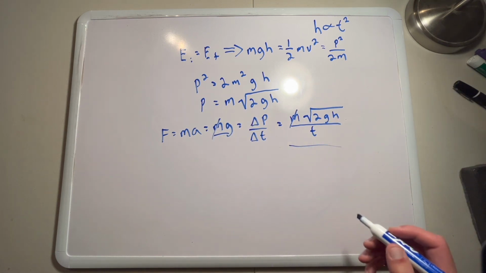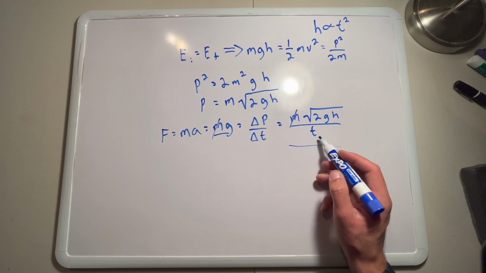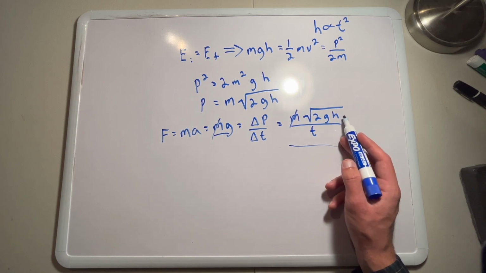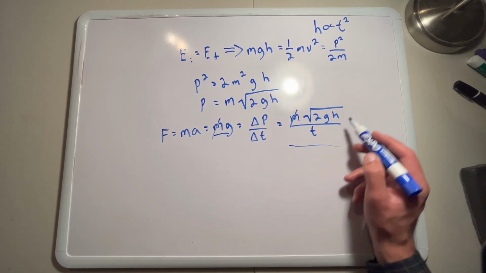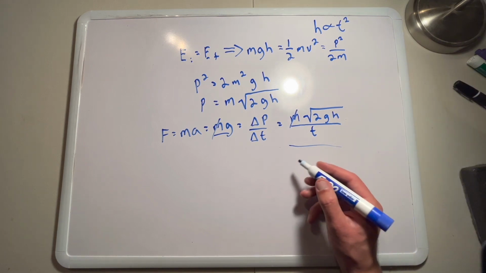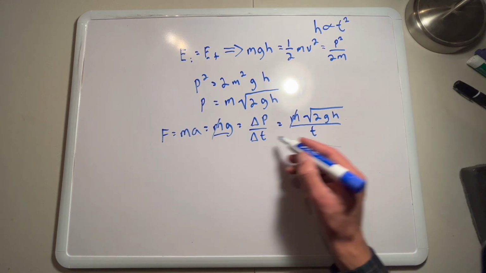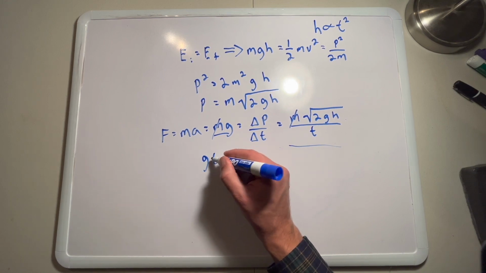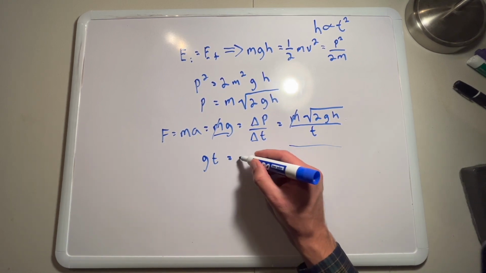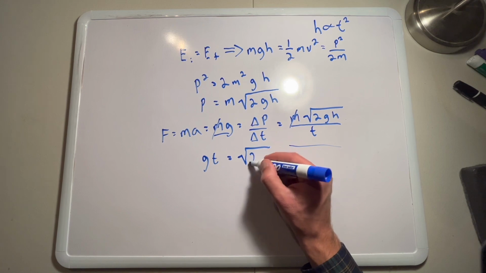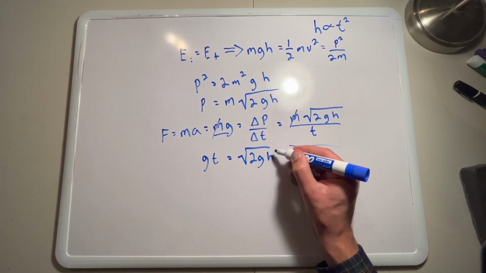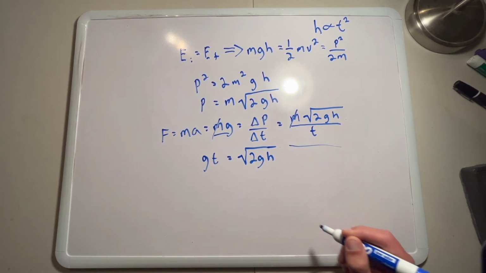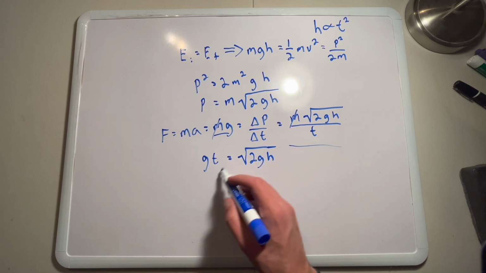Masses cancel. Now we want to find height, right? And show that it's proportional to the time elapsed squared. So let's go ahead and multiply time over. So now we have gt equals the square root of 2gh, and then go ahead and square that guy.